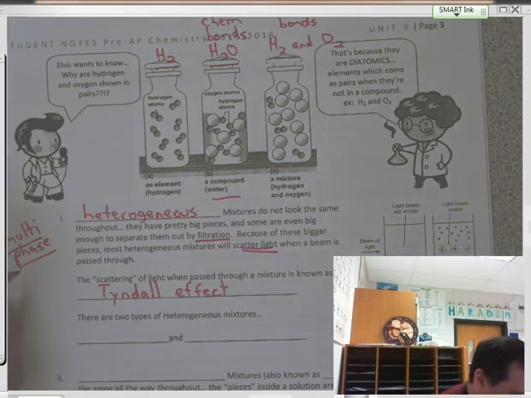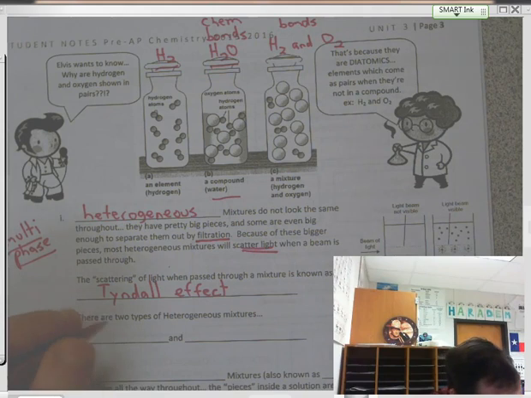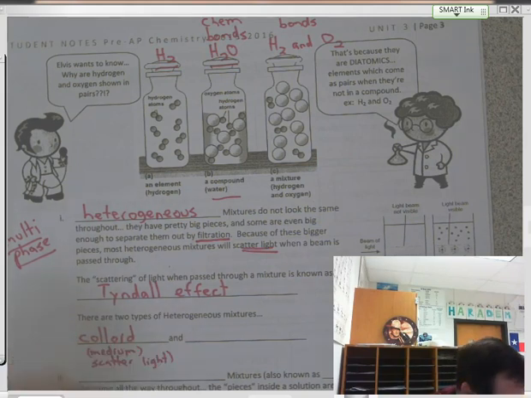So basically what happens when you shine light through the two types of heterogeneous mixtures, there are two types, there's colloids. Remember, these are the ones with the medium-sized particles. These will scatter light because the particles are medium-sized.